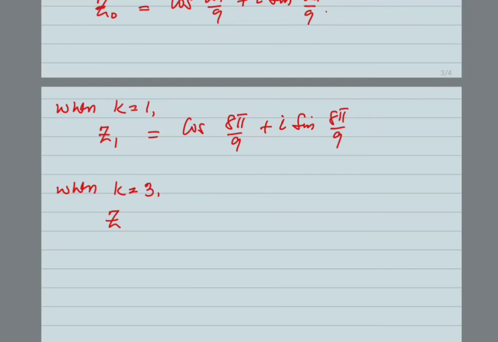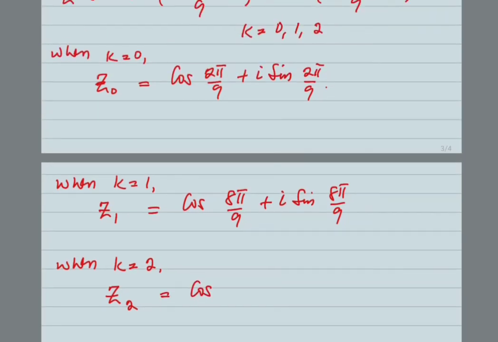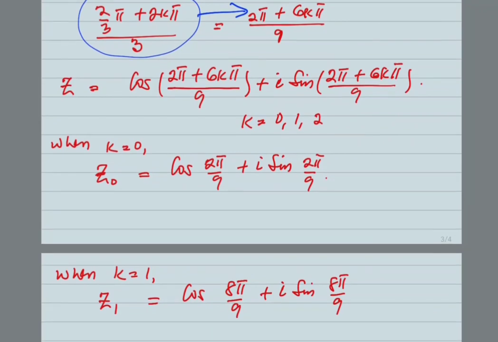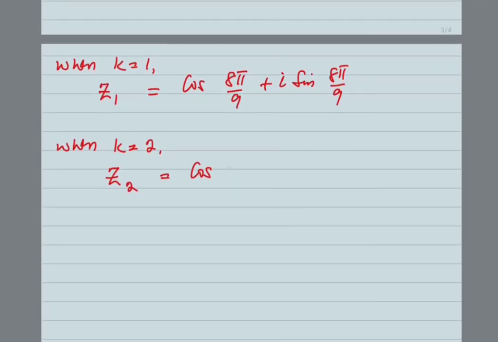When k is equal to 2, z2 will be equal to cos 14 pi over 9 plus i sin 14 pi over 9. So that is the roots.